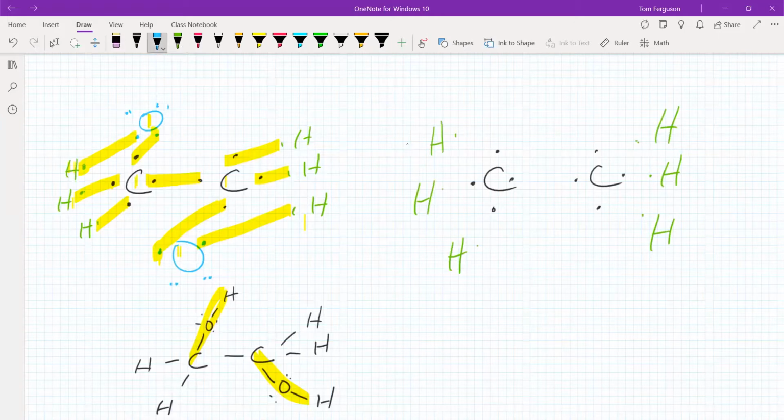Only this time I'm going to put the oxygens on the same side. Okay. So now we're going to connect everything with 1 bond.